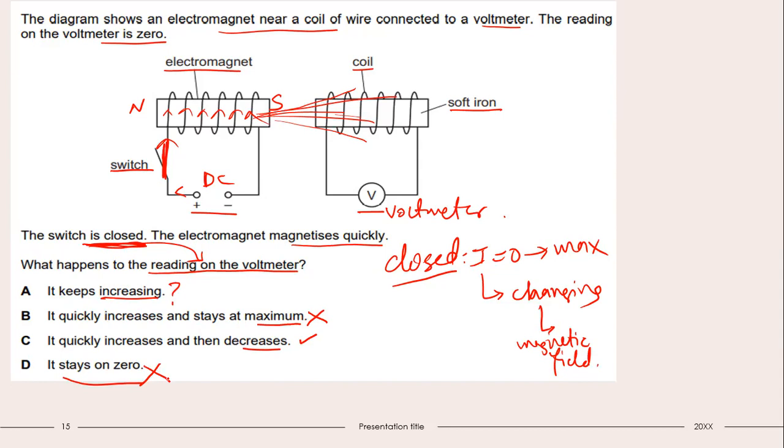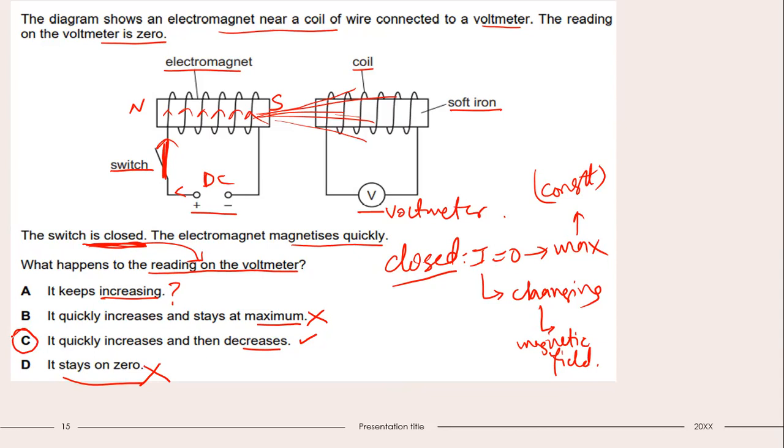It keeps increasing. So when you close the switch, what happens? The current goes from 0 to maximum, and after some time it becomes maximum, like constant. So constant current produces constant magnetic field, and when the magnetic field is constant, the voltmeter is not going to show you the reading. So that's why your option is C. It quickly increases and then decreases.